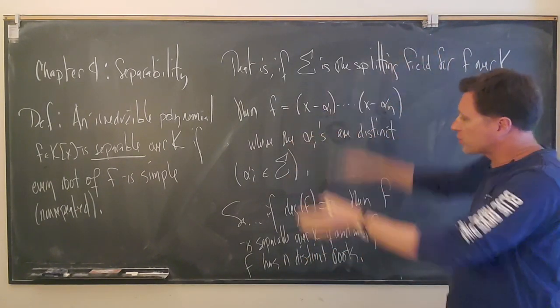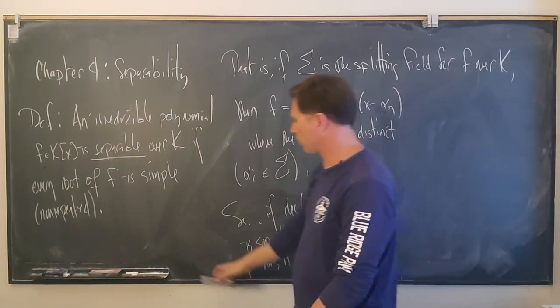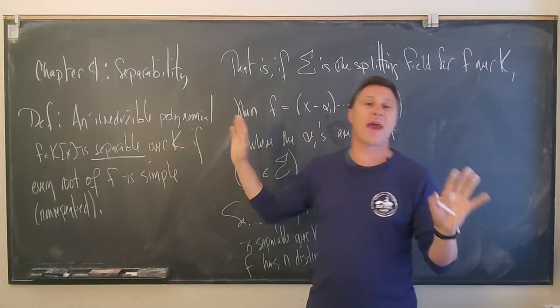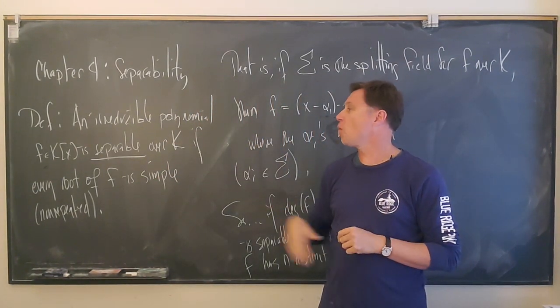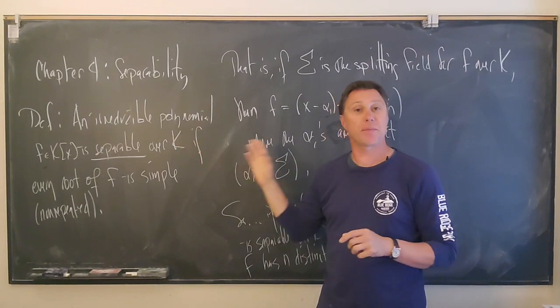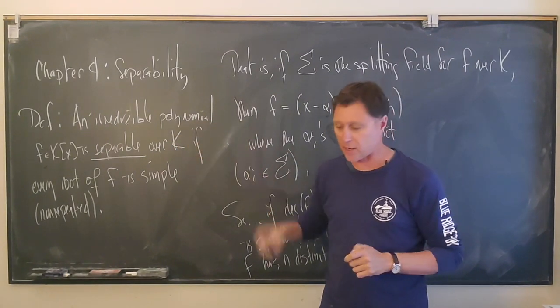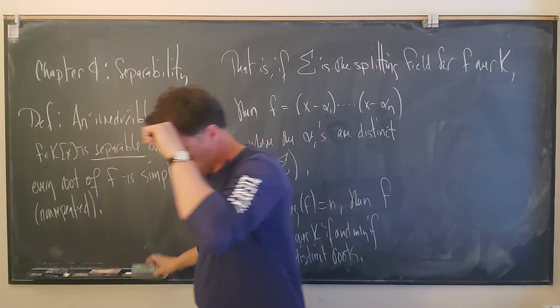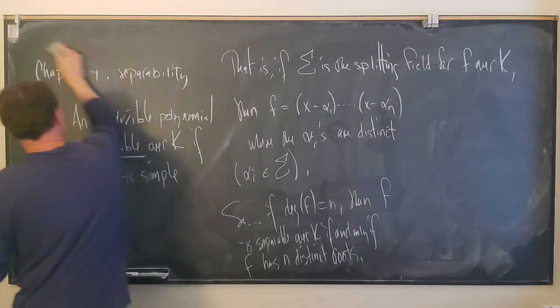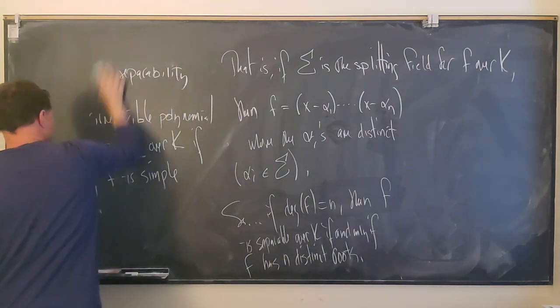So, I mean, this is a full chalkboard worth of stuff saying that we will like it when our polynomial does not have repeated roots. An irreducible polynomial does not have repeated roots. Now, okay, so there's the first of our definitions.